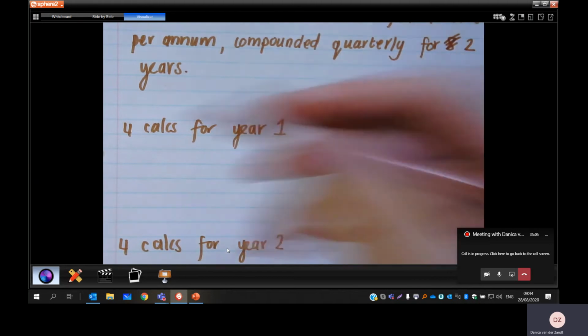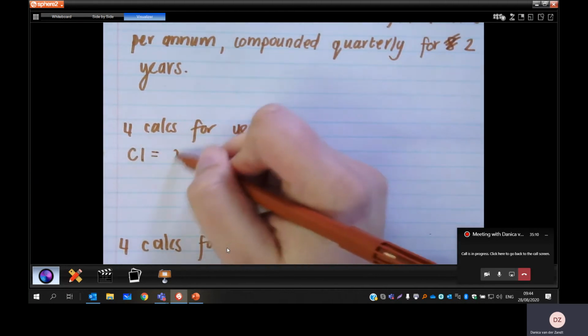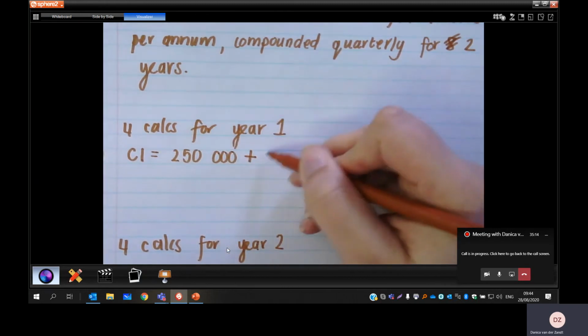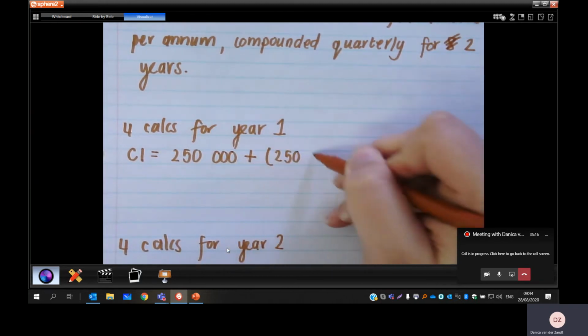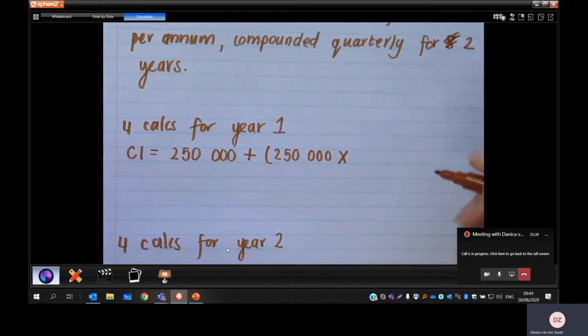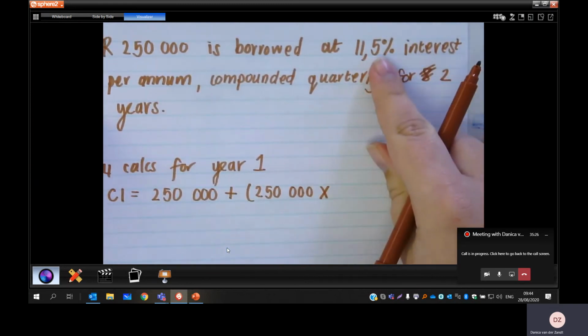So I would start and get my first compound, 250,000 plus 250,000 times my interest rate. But now, this is where the trick comes in. I said 11.5% per annum.